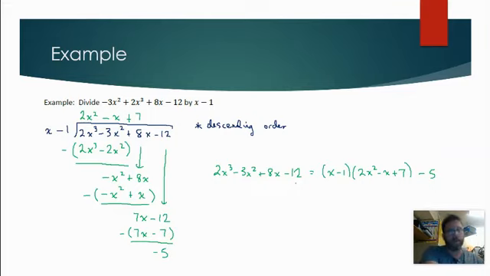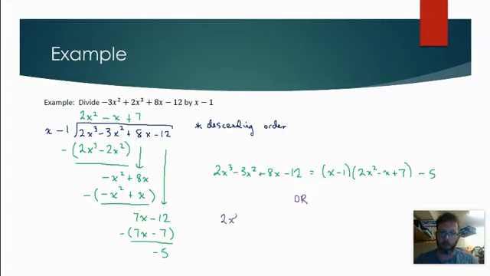One other way to write this as well, I might show you guys in a different color here. You could write this as the following, or you could say this.